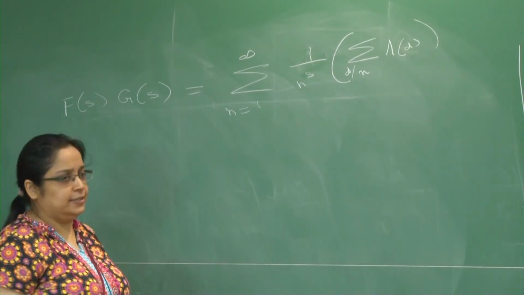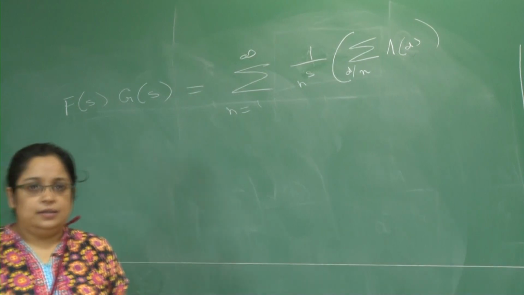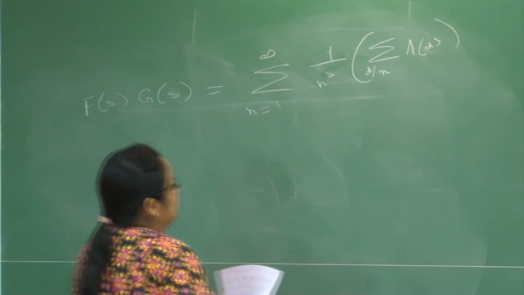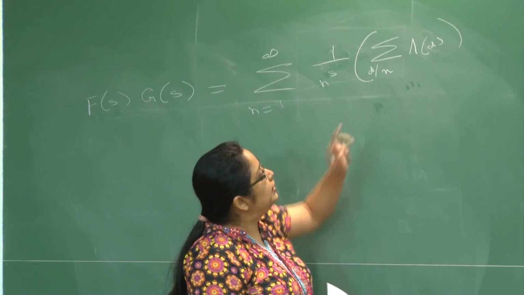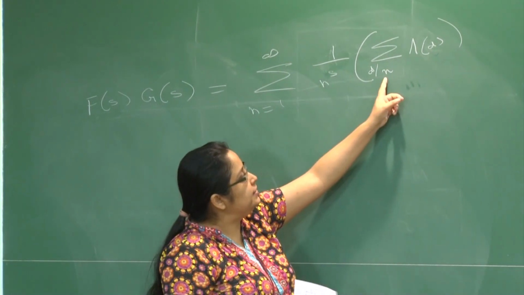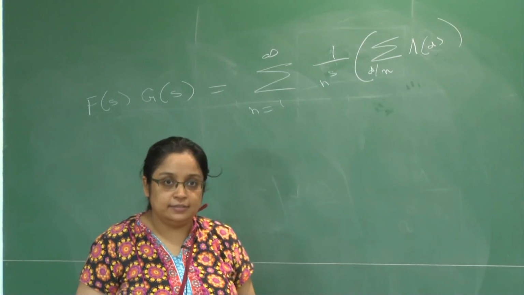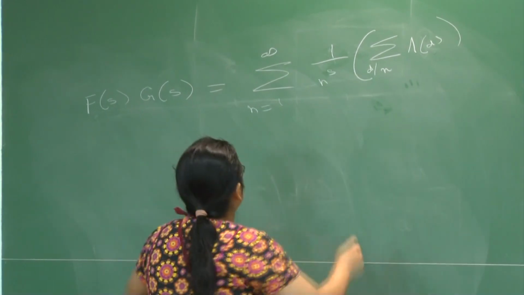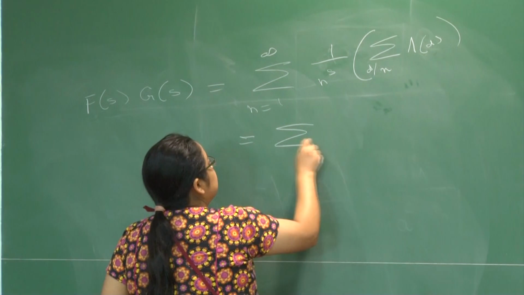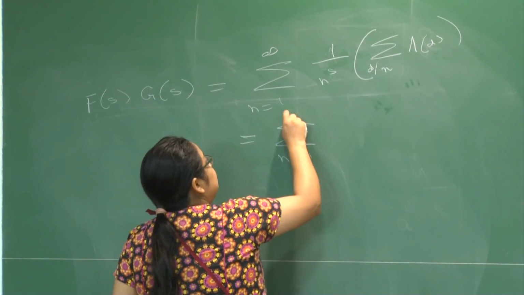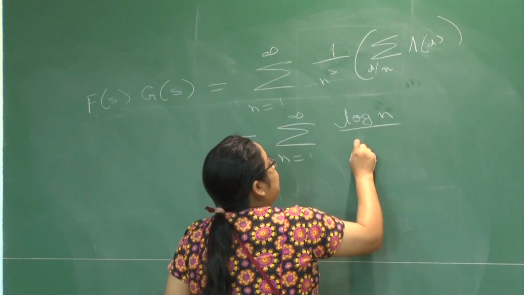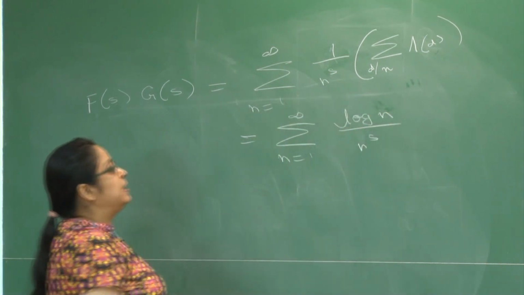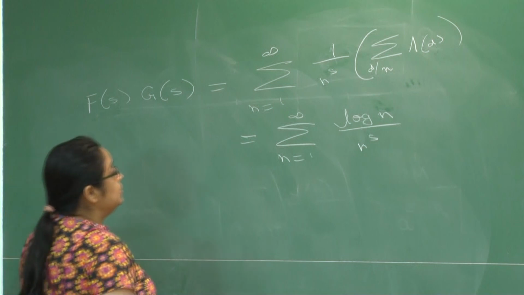What is this inner term? We learned that when you take the sum of lambda of d as you run over all the divisors of n, this basically just gives you the logarithm of n. Okay. So this is equal to the summation n going from 1 to infinity of log n over n to the s. All of this is happening when the real part of s is greater than 1, that is important.